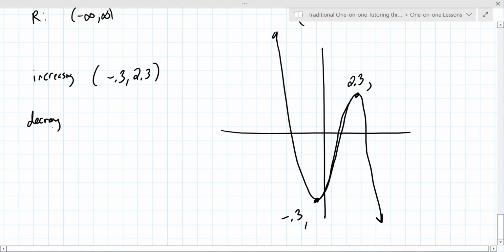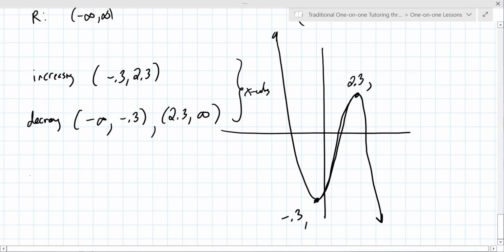Decreasing, well, that's the other intervals. So minus infinity to the x value minus 0.3, and then the other one is over here where it starts at 2.3 and goes to infinity. Again, x values. It's awkward the first time you do it. It's just the x values that you care about.